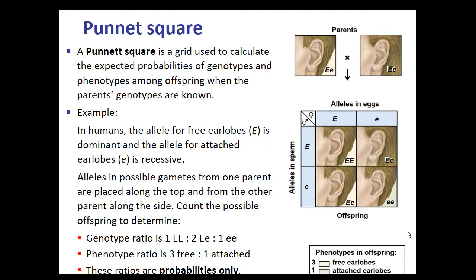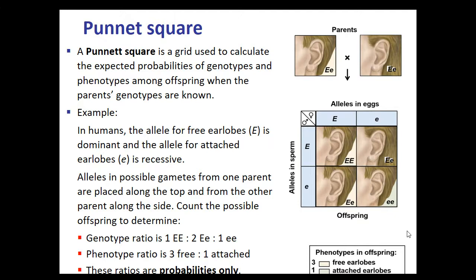So even though they're both big E little e, they could have a kid who's big E big E. They could have a kid who's big E little e. They could have a kid who's little e little e. These are the possible genotypes of their kids.